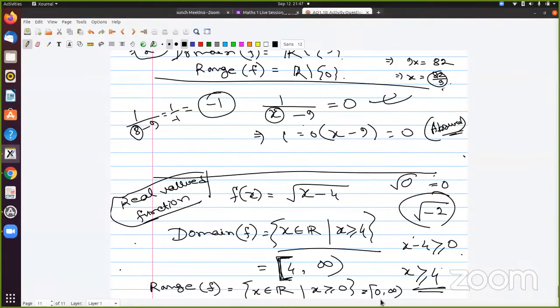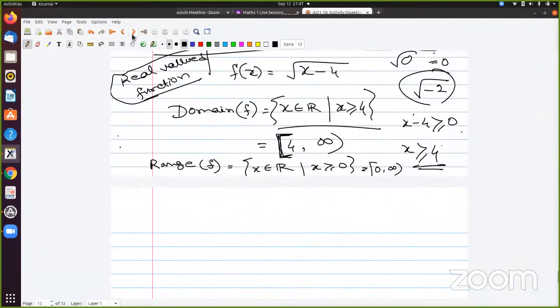Negative numbers we cannot get, because the square root function gives only positive values. Just now I said root 2 means it is on the positive side, right? But sir, root 2 and minus root 2, root 4 is minus 2 and 2 also. No, that is what I am saying. Please listen first.